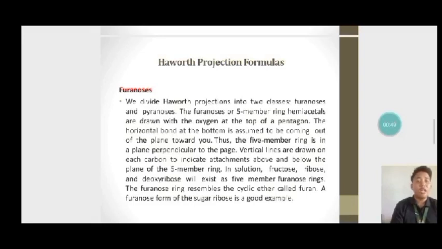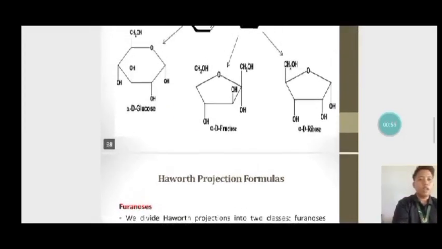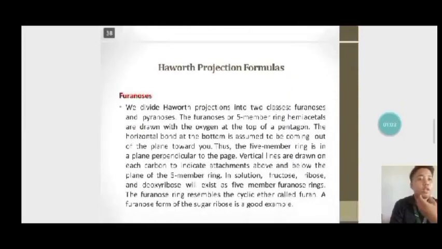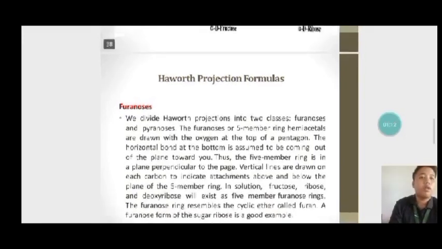Thus, the 5-member ring is in a plane perpendicular to the page. In the furan example, the oxygen is on the top and the horizontal bond at the bottom is assumed to be coming out of the plane towards you.